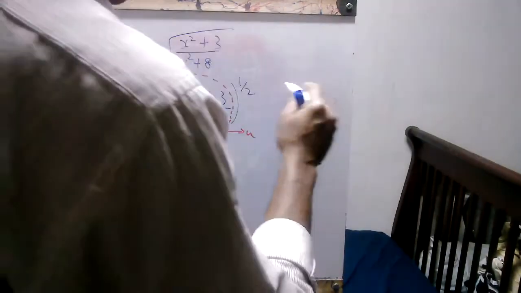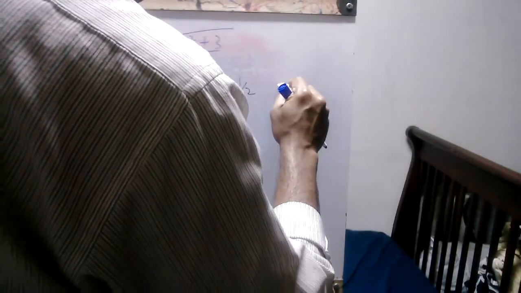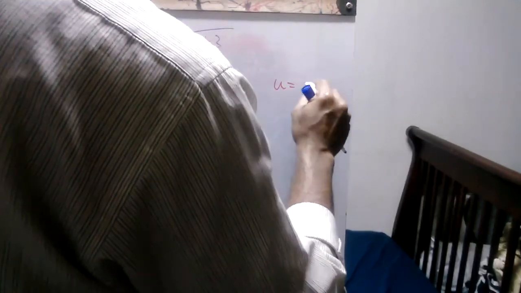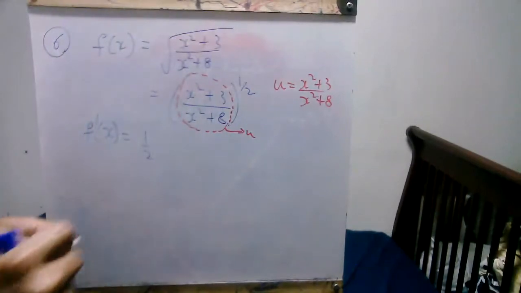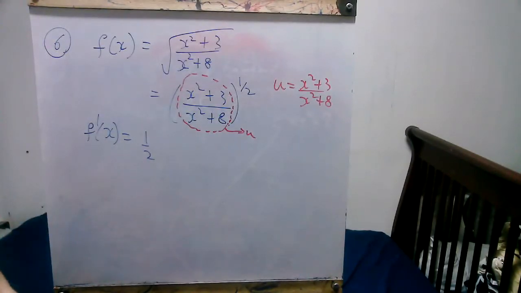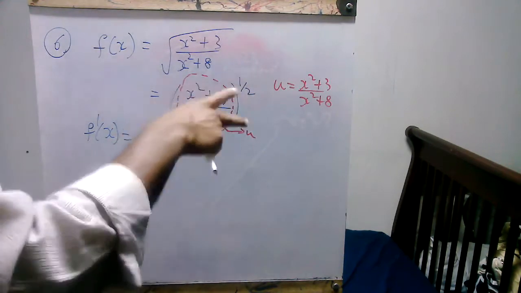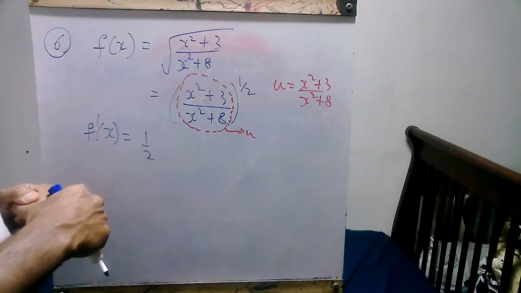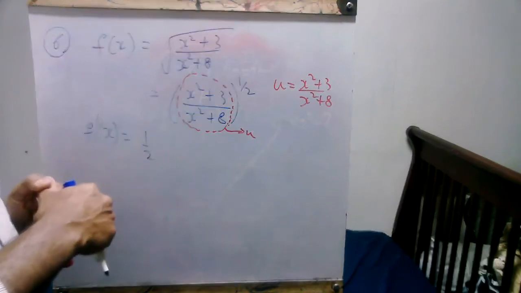Okay, I write that on the side. U in this case is x square plus 3 divided by x square plus 8. Then find du dx separately if you want, but in my view, when you write more, it looks more complicated and it confuses you.